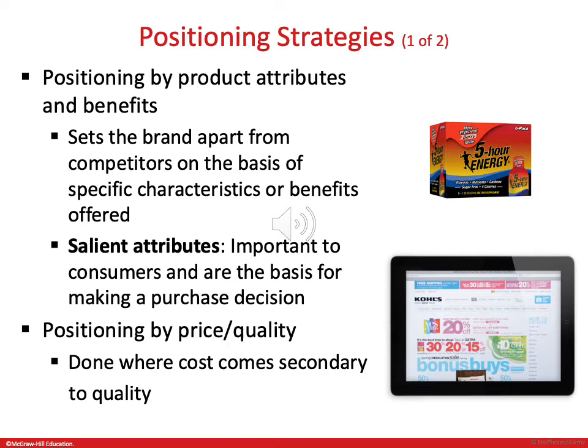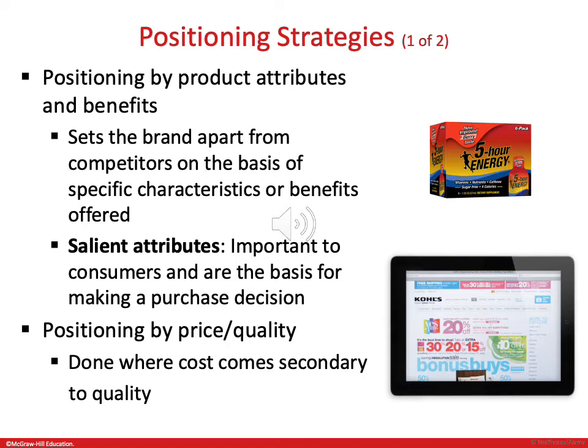There's also the opportunity in some cases to position by price or quality. And so this is generally done where cost comes secondary to quality, right? So Kohl's is a really good example of a company that has been very successful in positioning by price and quality, right? So they're not the low price leader, right?